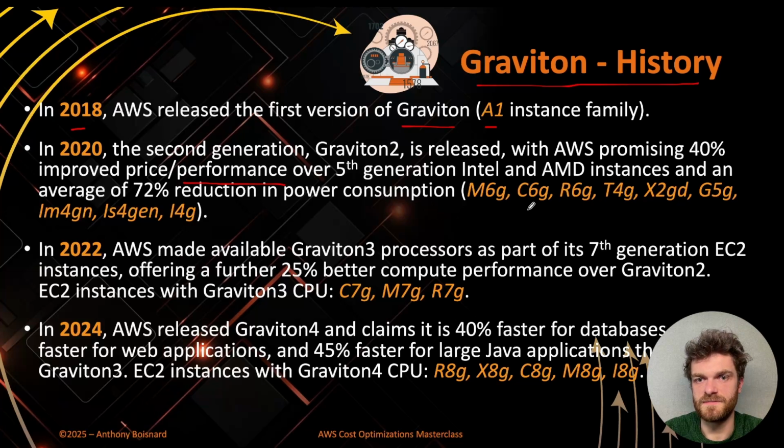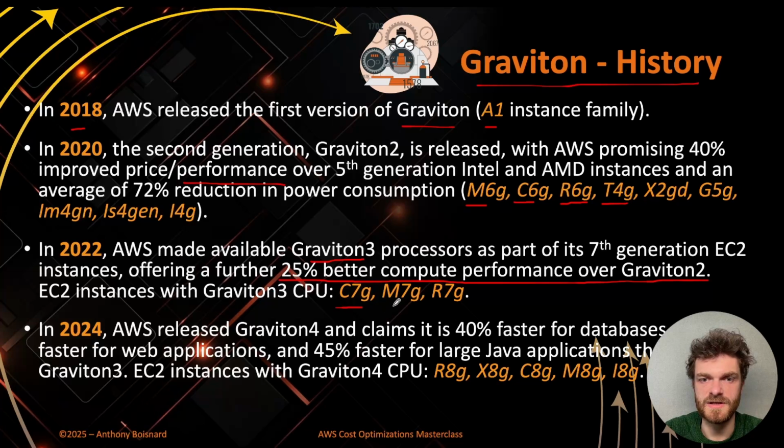You can find them in the M6G, C6G, R6G, and T4G, for example. Then in 2022, AWS made Graviton 3 processors, so you got like 55% better compute performance over Graviton 2.